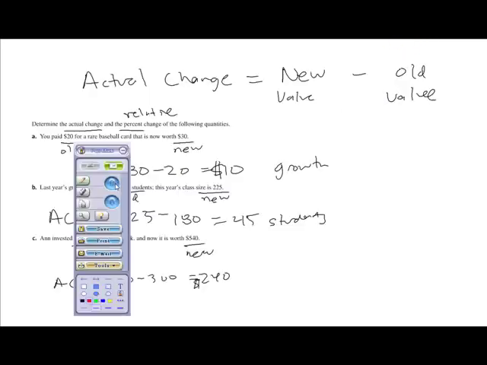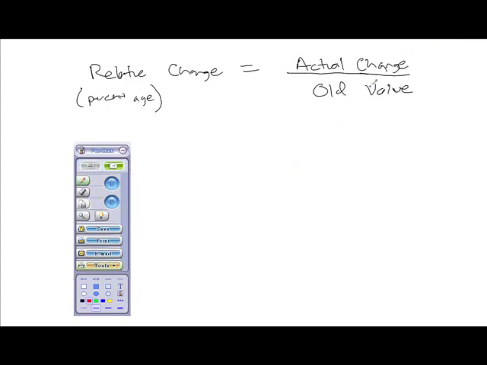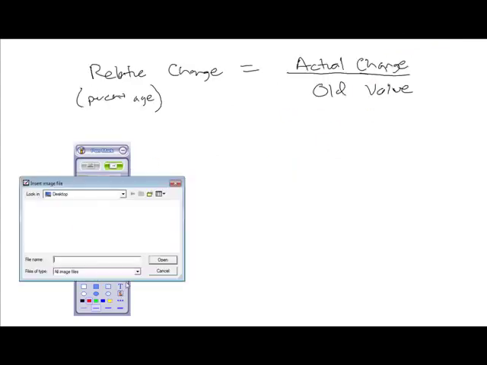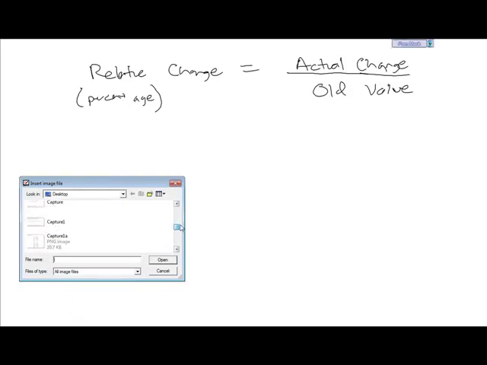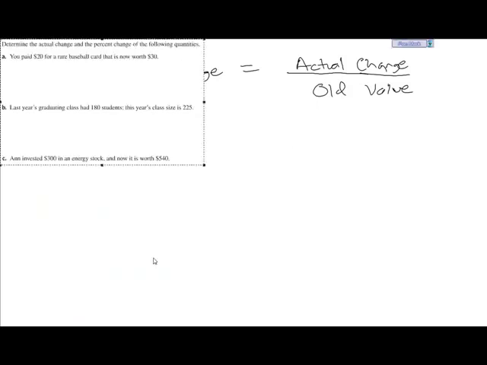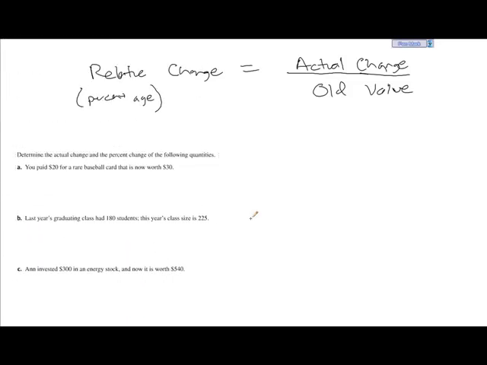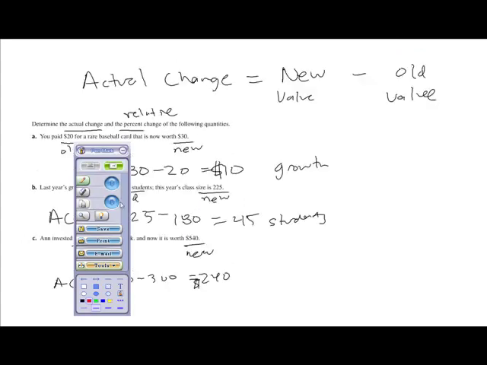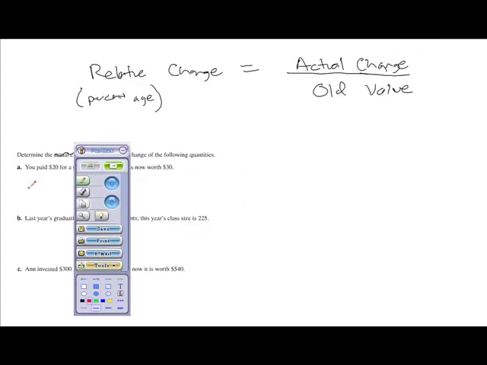So let's back up here. Actually, I'll pull up these problems again, just so we can take a look at them again, but now just do the percentage change. So we already did this. What did we come up with? We said actual change for A was 10, 45, and 240.